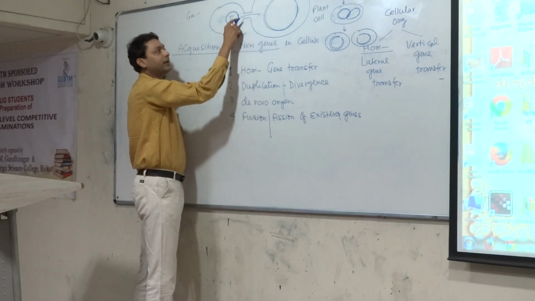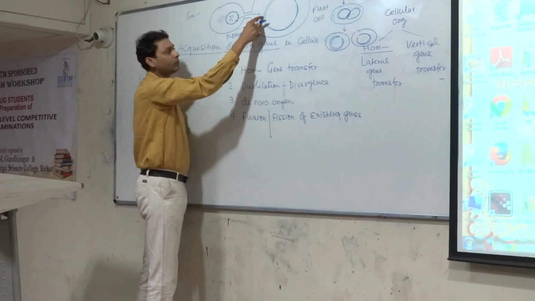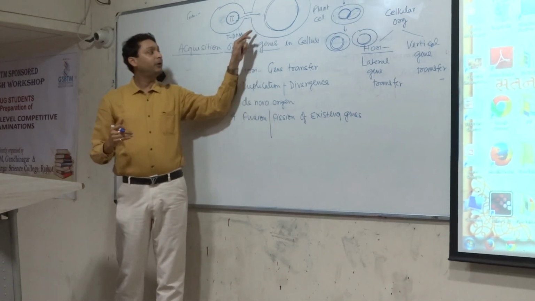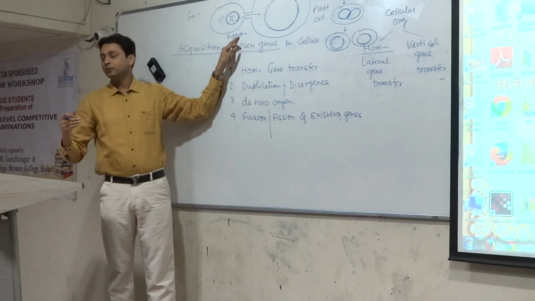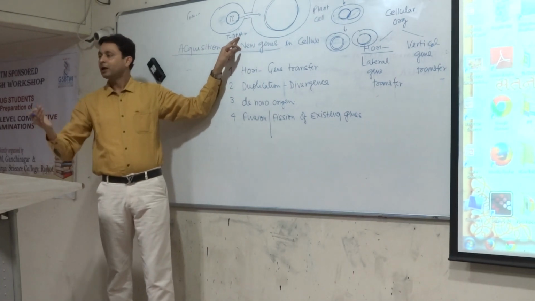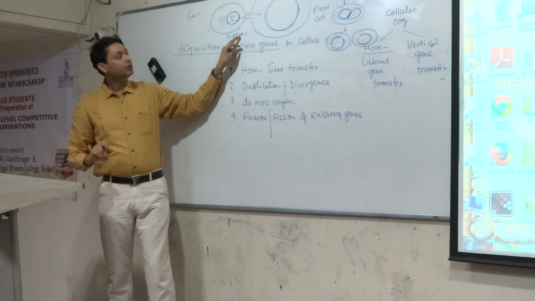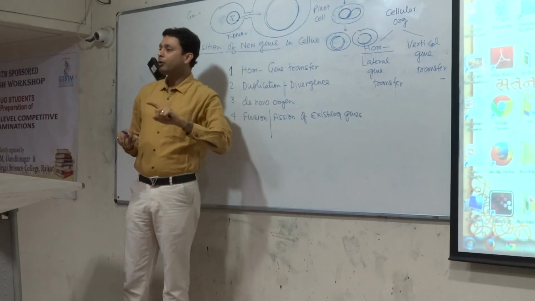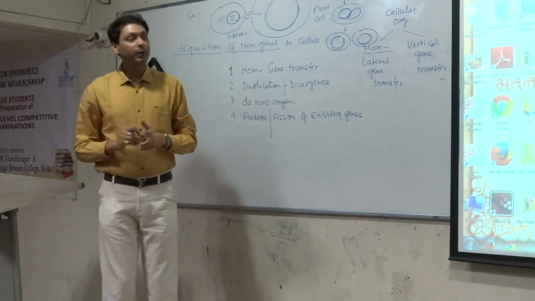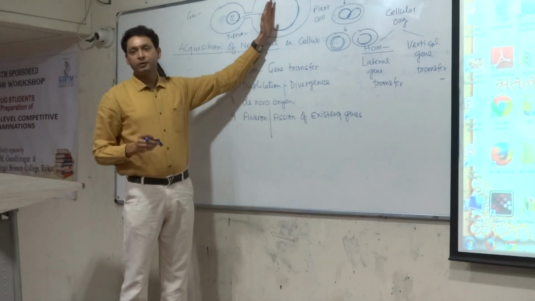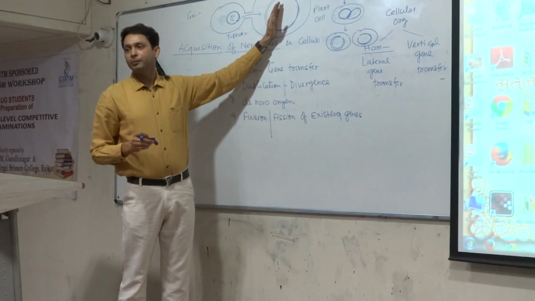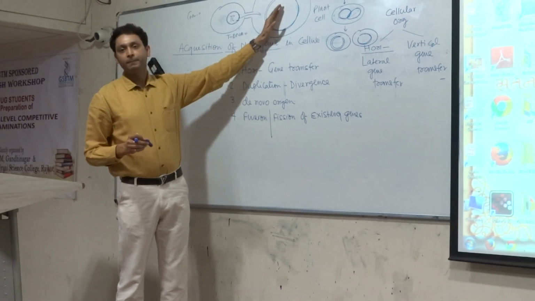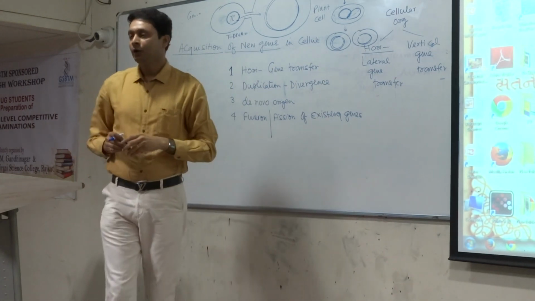When this DNA is transferred here, this cell also acquires new genes, responsible for cytokinin, auxin, and opines. That gene is acquired by this cell. This is an example of horizontal gene transfer, because this is neither a sexual nor an asexual mode of reproduction. If the transfer of genes occurs in this manner, it is known as horizontal gene transfer.